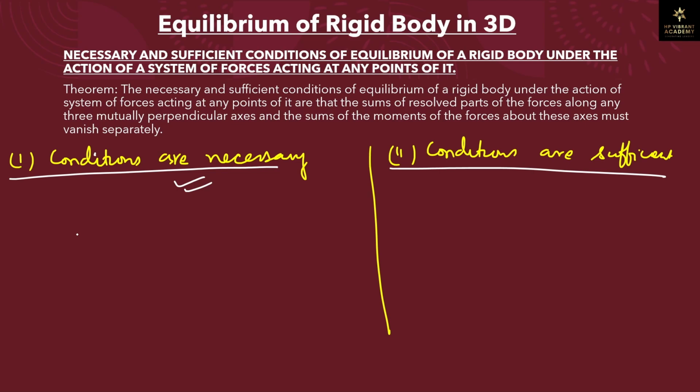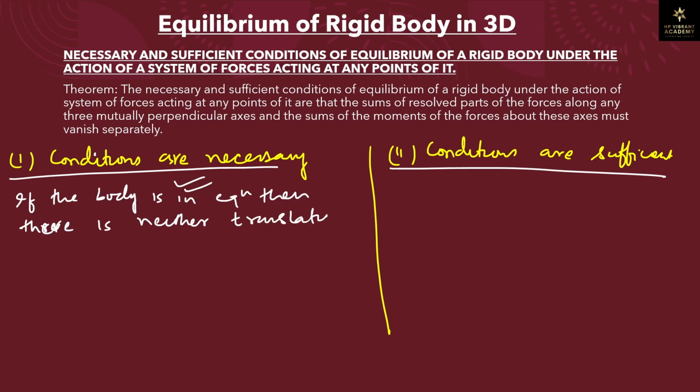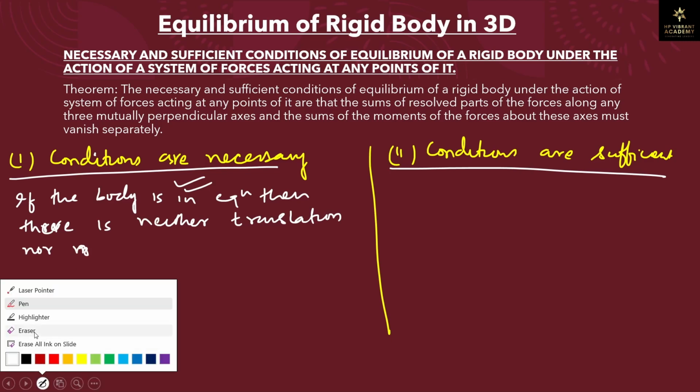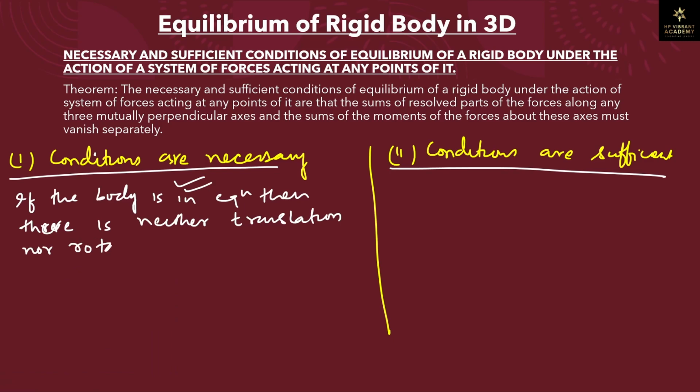So if the body is in equilibrium, then there is neither translation nor rotational motion.